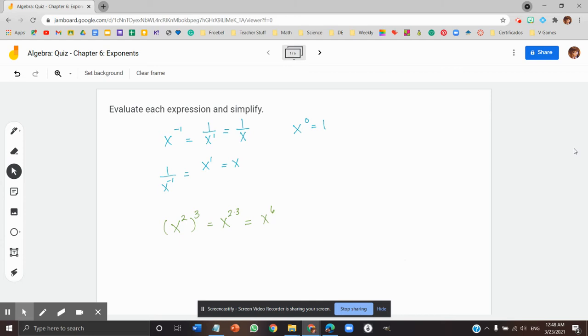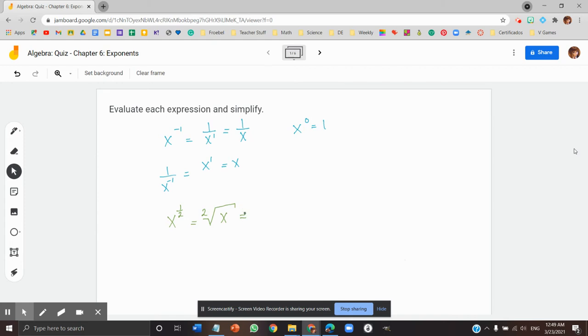Now, we also were talking about rational exponents. And rational exponents are just, again, exponents that have a fraction. So for example, if we have something like this, we solve it with roots, right? Or radicals, like we like to call them. And in this case, because it's a 2, all we need is a square root. And remember that there's an invisible 2 there.